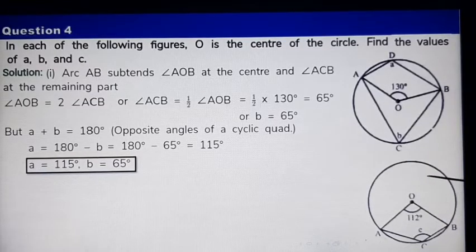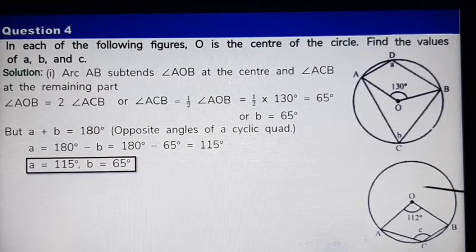In the remaining part, the angle made by arc AB on the remaining side is angle C. So this C will be exactly half of this reflex angle. Hope you are understanding this.